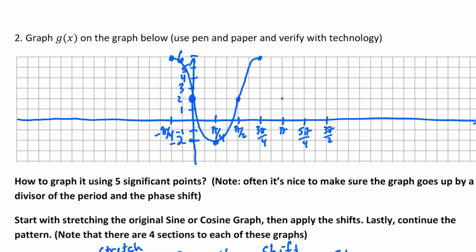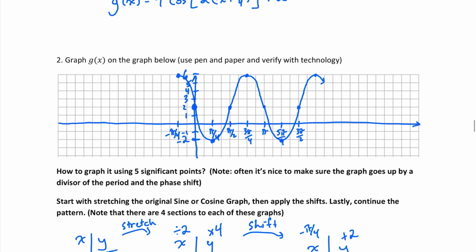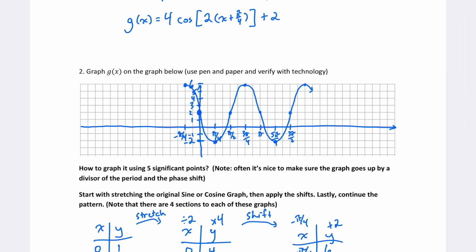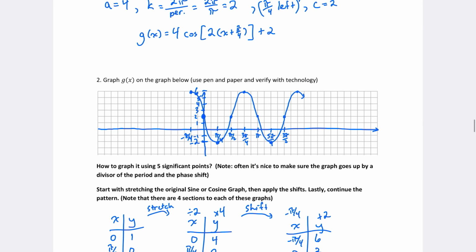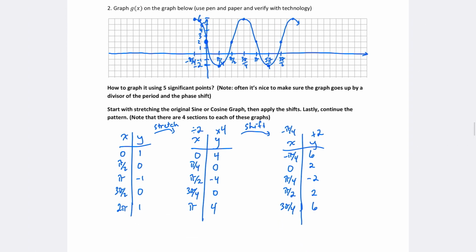So we go over 2, down 4, over 2, down 4. And then we shift it back up again. So every 2 units on our grid here, we're making a move, either up or down. And this will continue. These are at least 5 significant accurate points. It's a great way to graph this.